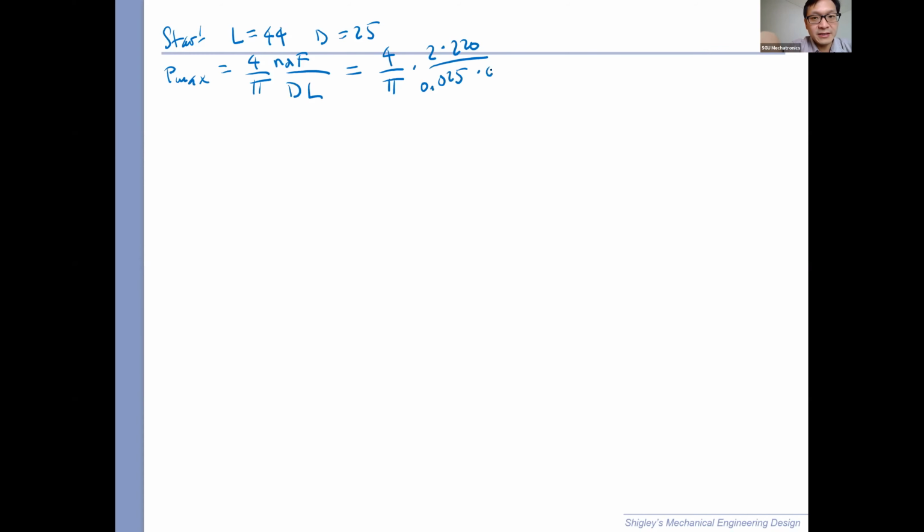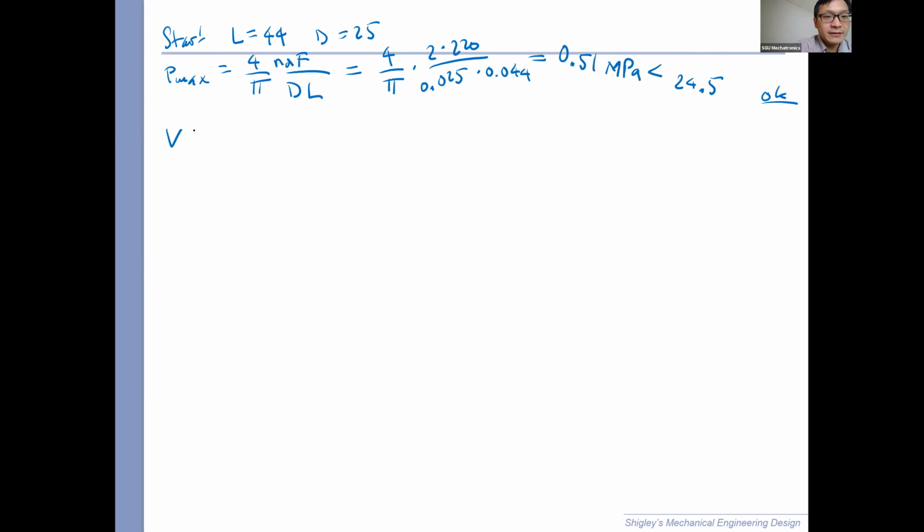Here's my D, here's my L. Okay, I end up with 0.51 MPa as a P max. This is less than my limit. Way less. So I'm okay.